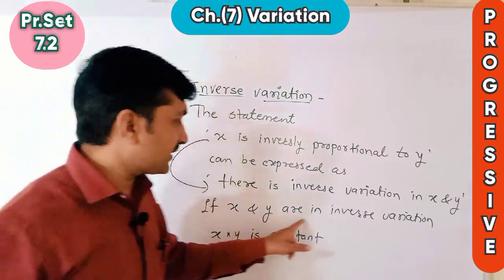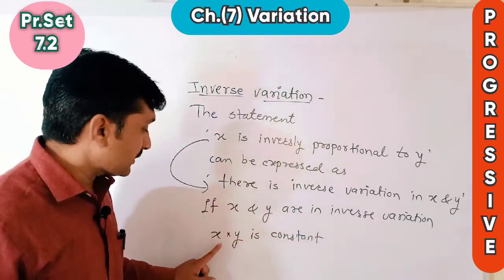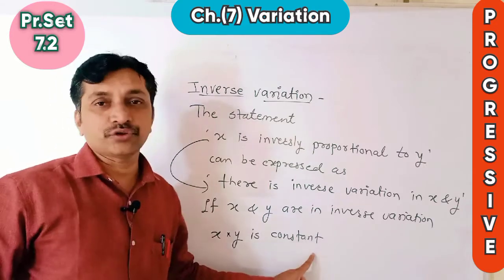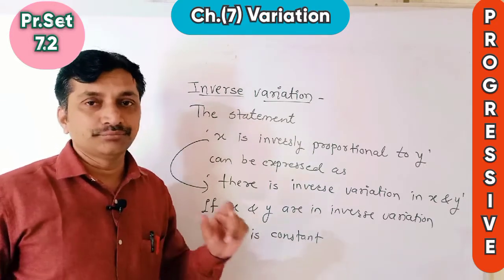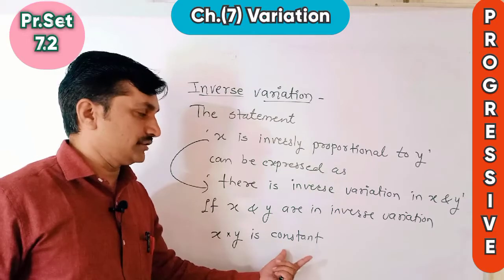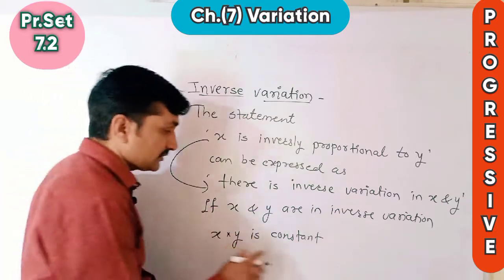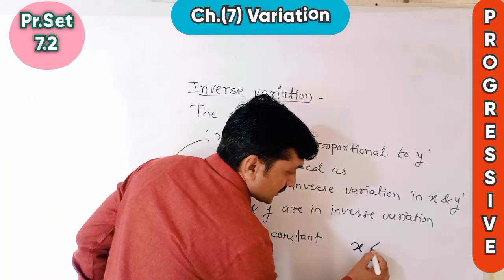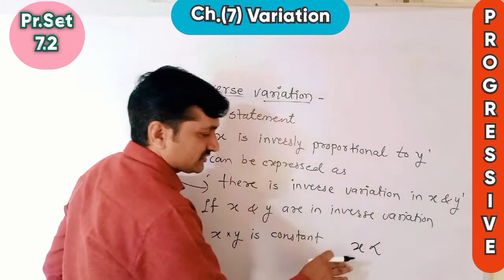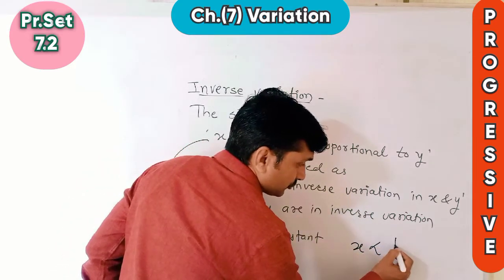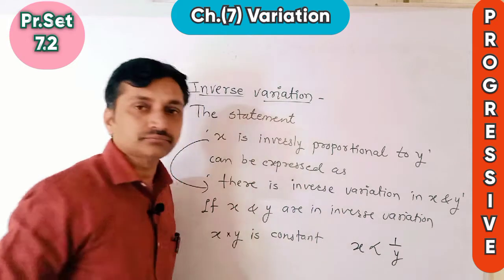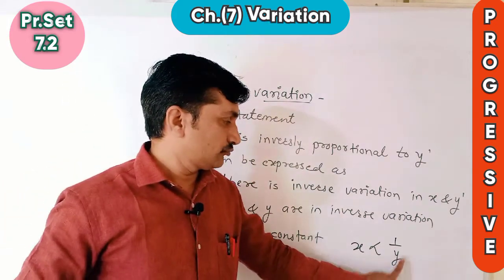If x and y are in inverse variation, x multiplied by y is constant. Product is constant here. Symbolically it is written as x is inversely proportional to 1 upon y.